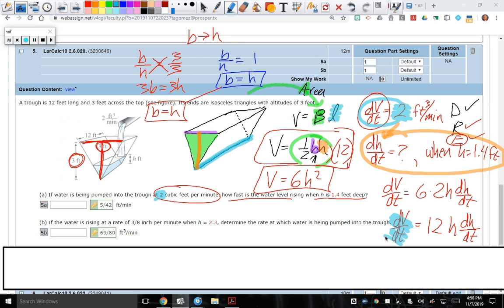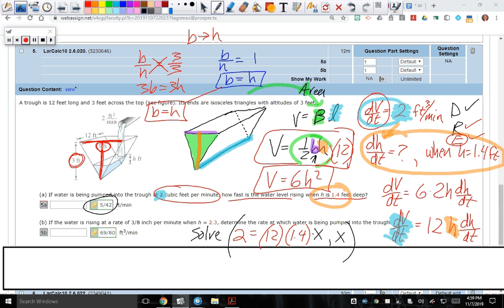H, which it asked us that H was 1.4, that's going to go here, and now we can find dH/dt. So if I plug in 2 is equal to 12 times 1.4 times x, that's our unknown variable, and we're going to do comma x, because we could do a solve feature in the calculator, menu 3.1, we'll get our answer, which is 5/40 seconds.